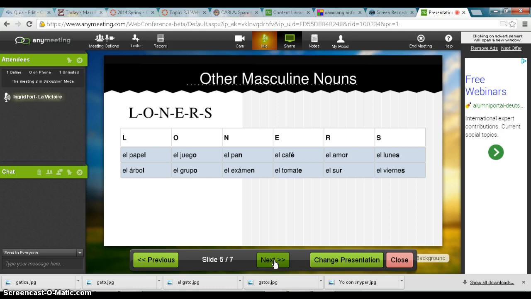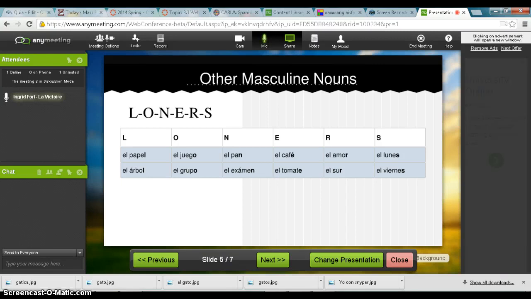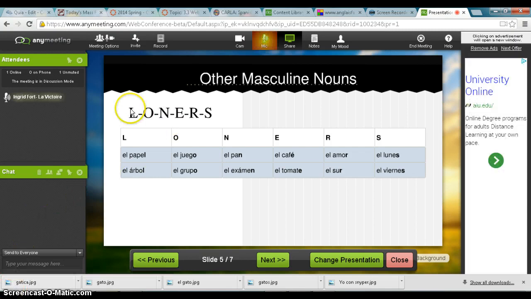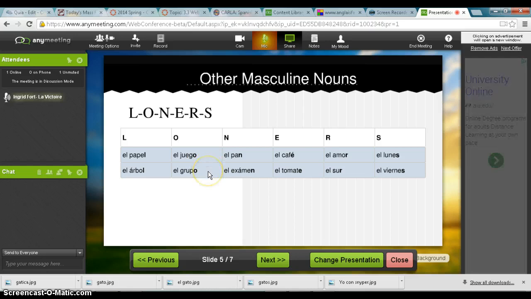Other masculine nouns. To make this topic easier, there is an acronym, LONERS, which stands for: L for el papel, el árbol. O would stand for el juego, el grupo.